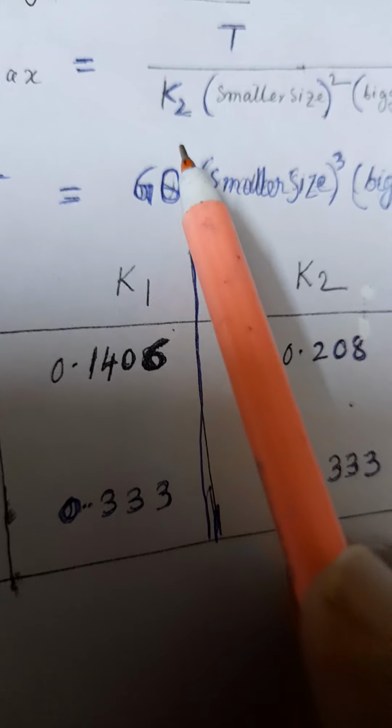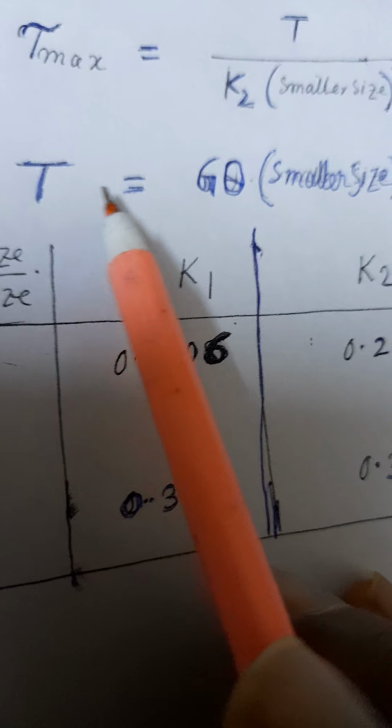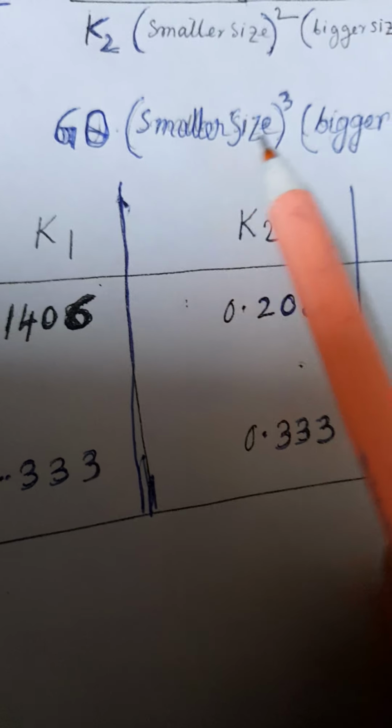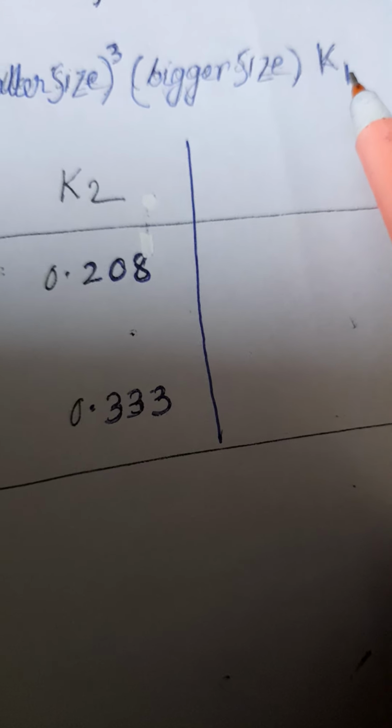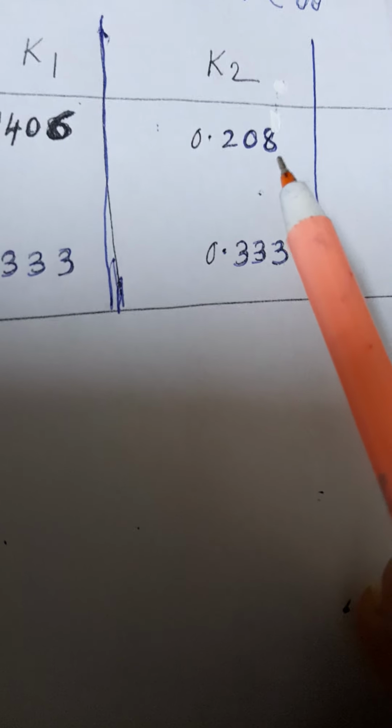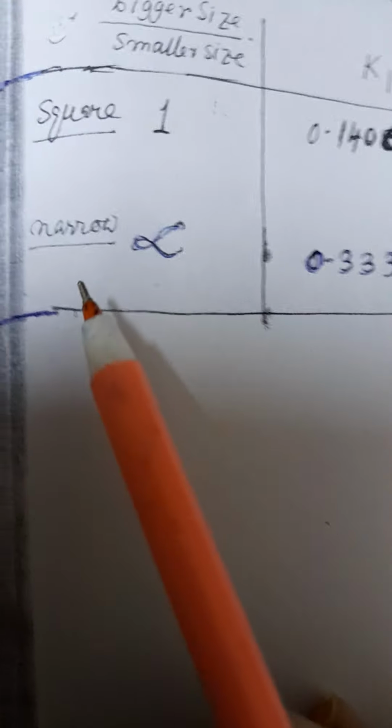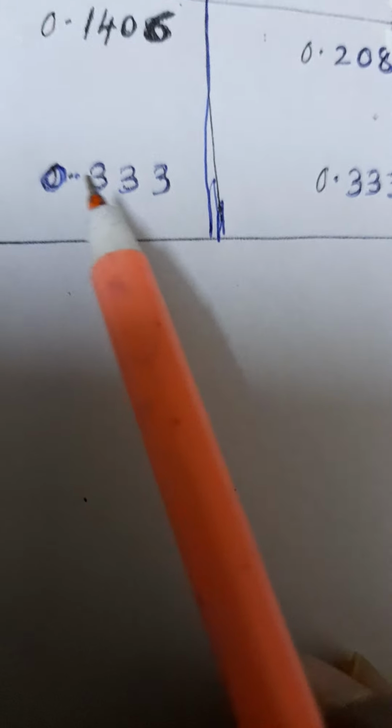T is equal to G theta into smaller size whole cube into bigger size into K1. For a square, the value I have already done in the other video, and for infinity, that is a narrow rectangle, it is 0.333, which is actually 1/3.